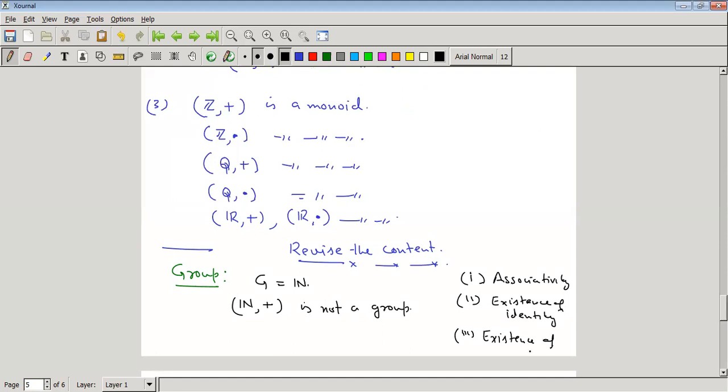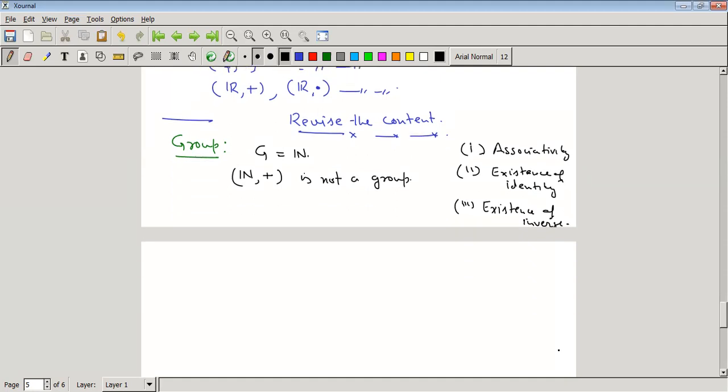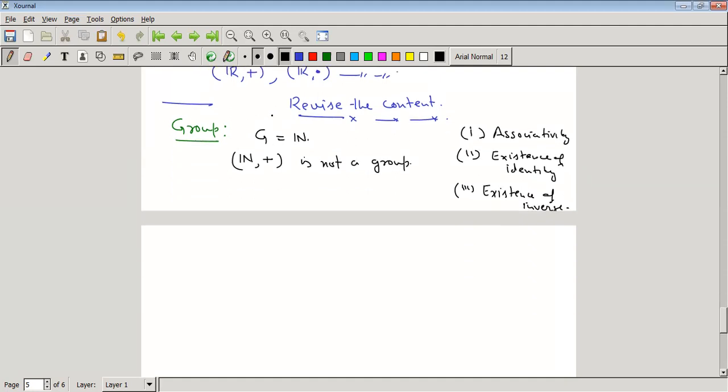If any non-empty set with a binary operation satisfies all these axioms, then it forms a group. But for the set of natural numbers under addition, the identity element does not exist, so it is not a group. Or we can say because it is not a monoid, it is not a group.